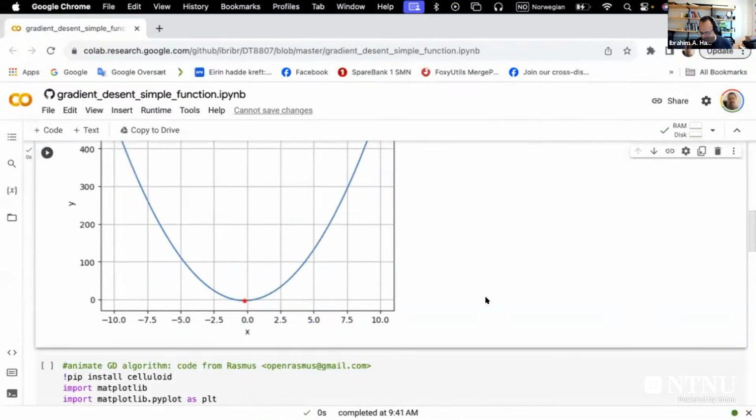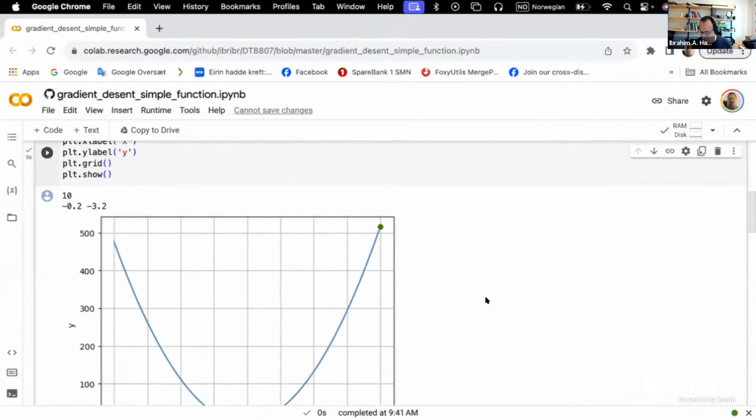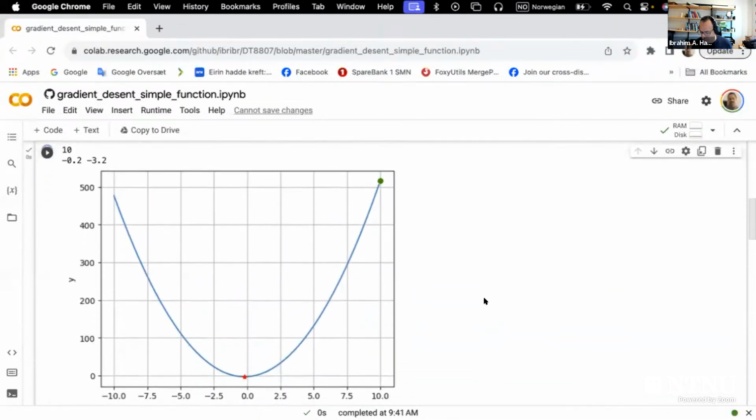As you can see here, I'm starting from this green point, and we will go down until we reach that point.